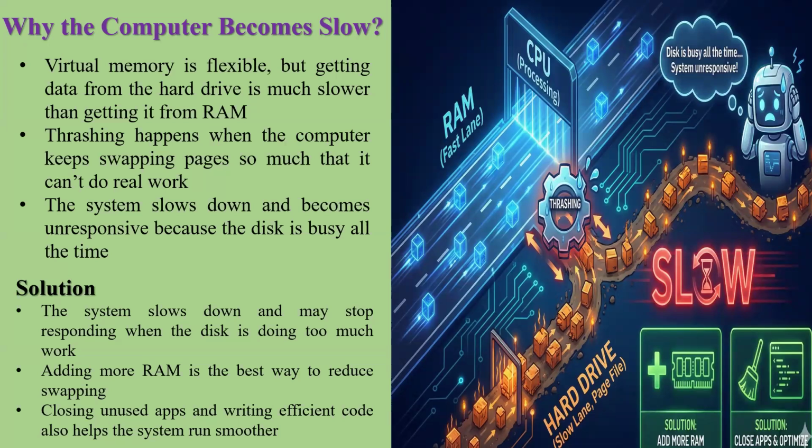What would be the solutions? Solution would be, for example, adding more RAM. Considering the example of the person moving clothes, that is like increasing cupboard space. Secondly, close all unused applications, and that means reduce the clutter. And lastly, write efficient code.